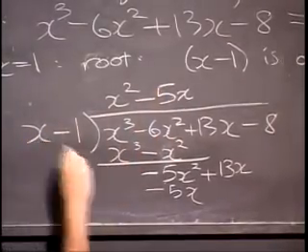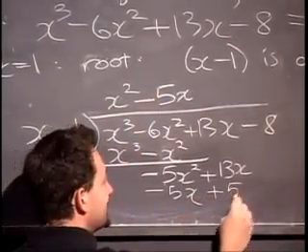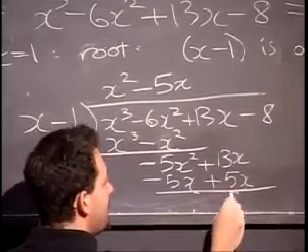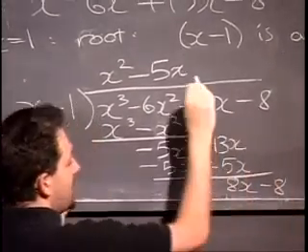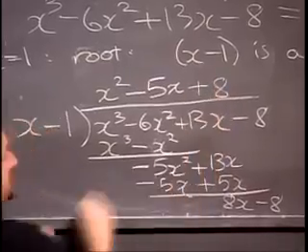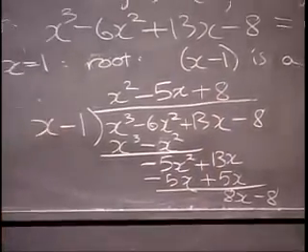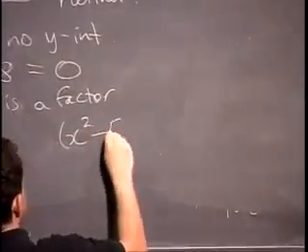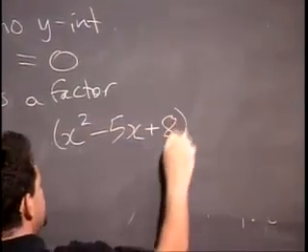That times this is minus 5x squared plus 5x. Then I'm going to have 8x minus 8, and of course that's just 8 times this factor, and we're done. So the other factor is x squared minus 5x plus 8.